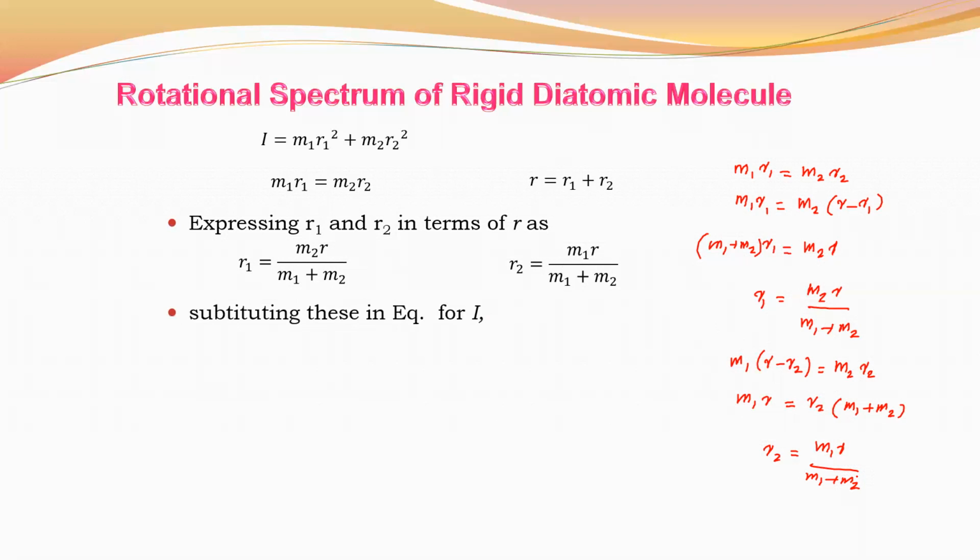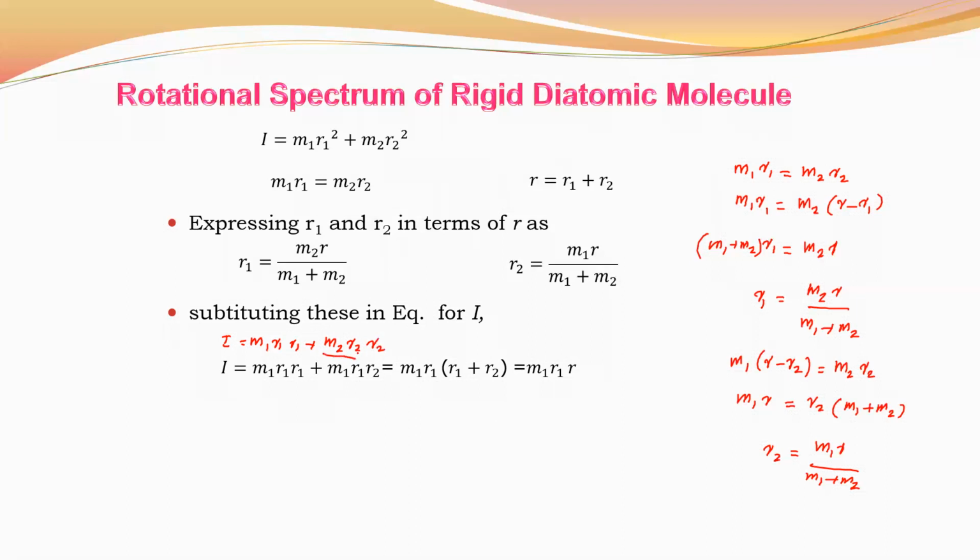For that we take the expression of moment of inertia, which is written as m1 r1 square is equal to m1 r1 into r1, and m2 r2 square is m2 r2 into r2. So the first expression is I is equal to m1 r1 r1 plus m2 r2 r2.